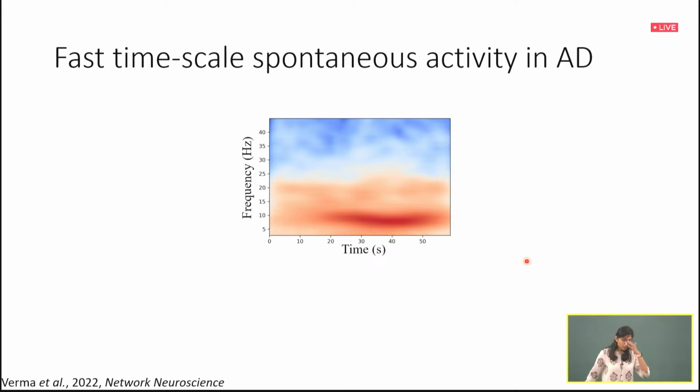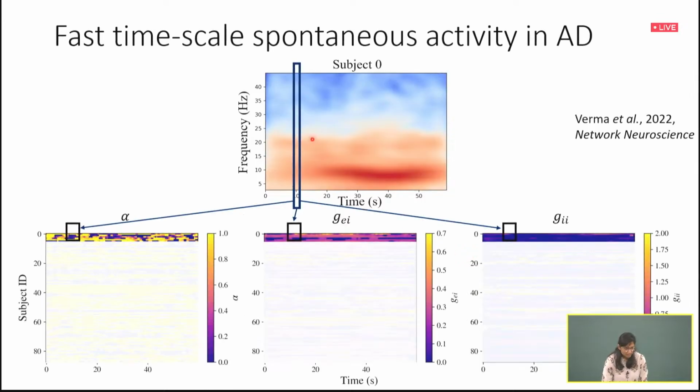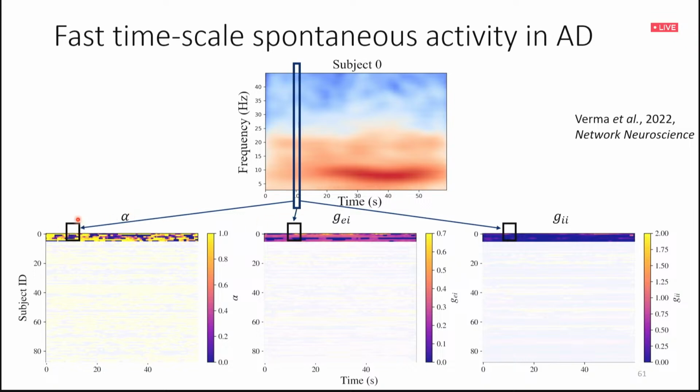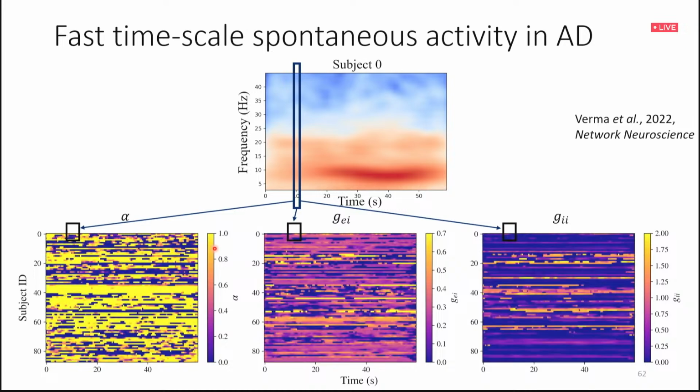And then we can look at a much finer time scale how the frequency spectra is changing and subsequently how the model parameters are changing, and then we can see if there is any difference in the dynamics between Alzheimer's disease and controls. So that's the idea. Given time-frequency decomposition, same MEG data, extract frequency spectra at different time points, do model fitting, see what the model parameters are, and get a dynamic profile for all the subjects.